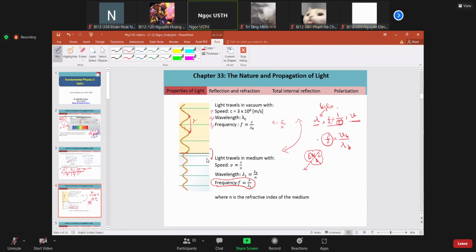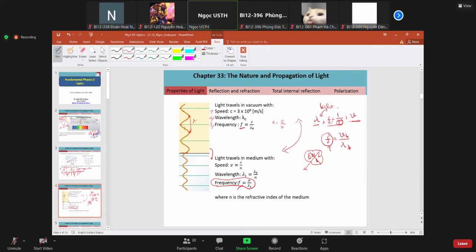Keep in mind this information is very important. If you know this, the other properties you don't need to remember. So frequency doesn't change. F here and F here will be the same.